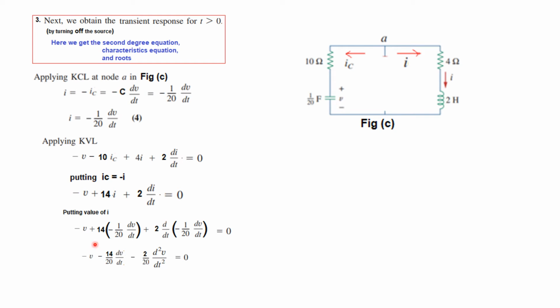So minus V, this is this term, and this one we have double differential, so it will be 2 over 20 d squared V/dt squared equal to 0. So this is a second degree equation now. We'll arrange it, removing the minus sign, and this is a more proper form of the second order equation.